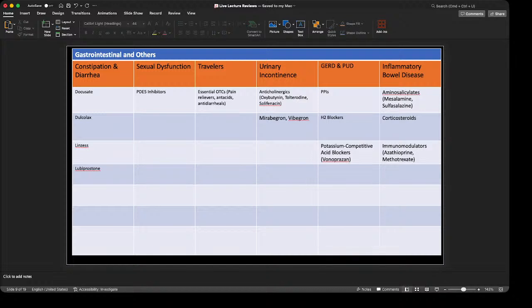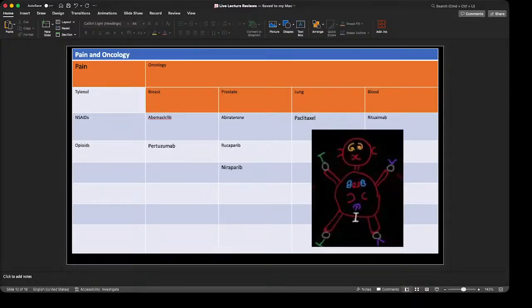Be careful with the PPI though, especially when taking a blood thinner like clopidogrel. Inflammatory bowel disease, and we'll talk about methotrexate in a minute. These are pain and oncology.